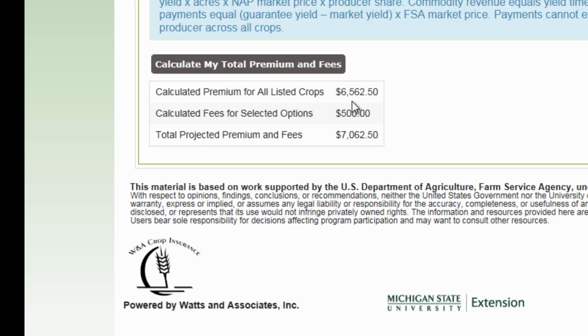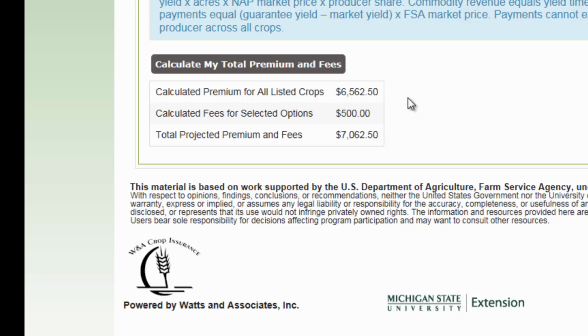You notice here the premiums for all crops is listed as $6,562, and what that means is that is the maximum we've talked about a couple times, which is 5.25% of the $125,000 maximum. When we look at fees, we look at $500 because that's $250 per crop, and that is owed for each crop.